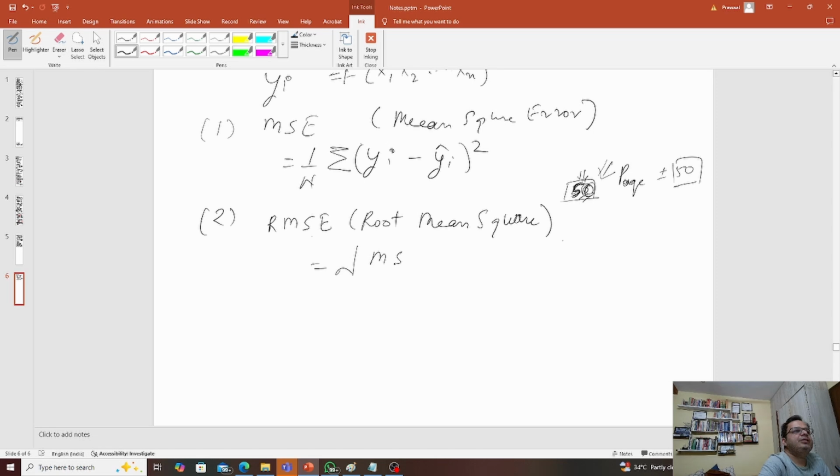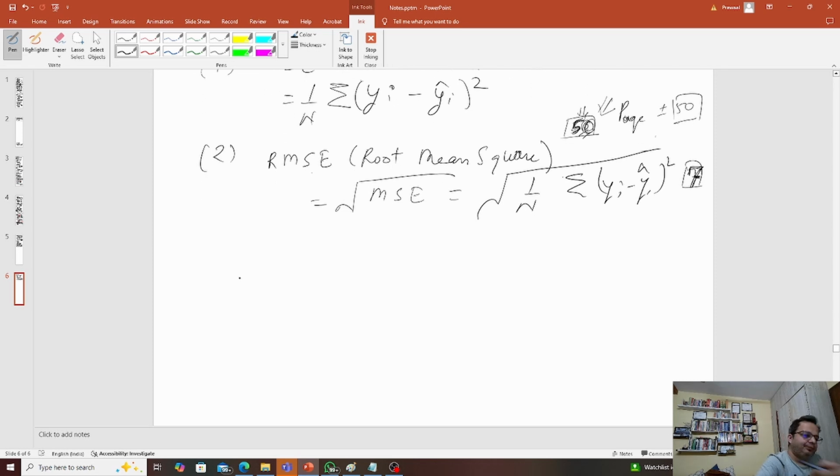It is nothing but the square root of the mean squared error, which is the square root of 1 upon n times the sum of yi minus yi hat squared. In this case, the square root of 50 becomes 7 point something. So you'll say, my root mean square error is 7, which is fine, because now it means your predicted values are going to be in the range of plus or minus 7 or so. That's called the root mean squared error.